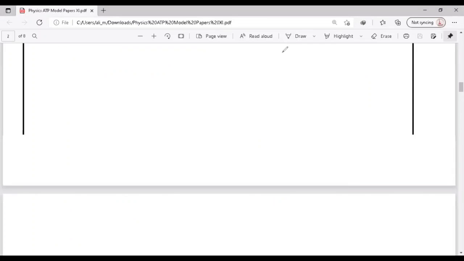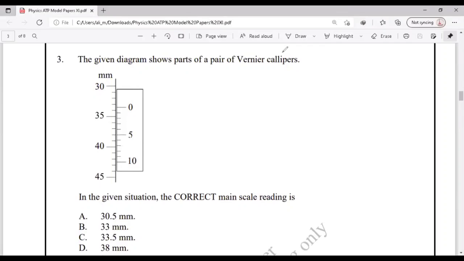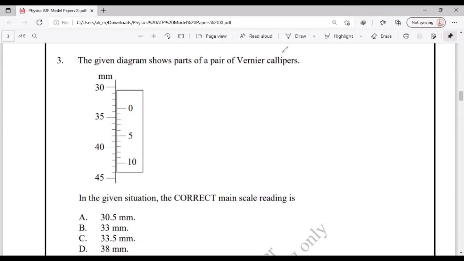Now let's see question number 3. In this question, we have a Vernier caliper, and we have to find the correct main scale reading in the given situation. For main scale reading, we have to check the position of the zero of the Vernier scale. This is our Vernier scale and this is our main scale.